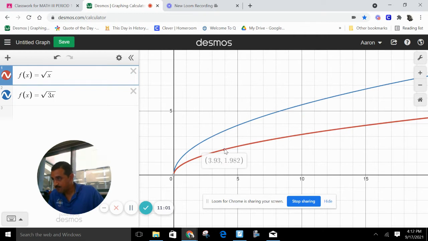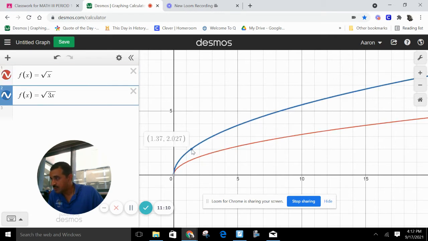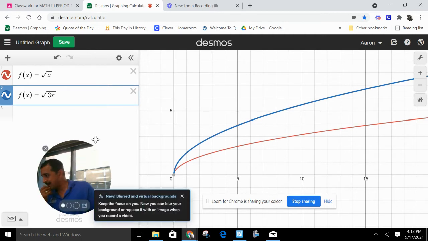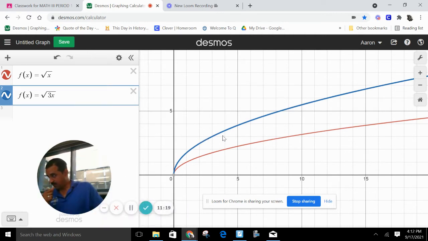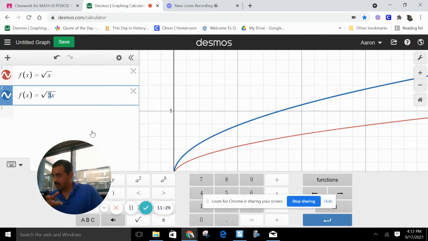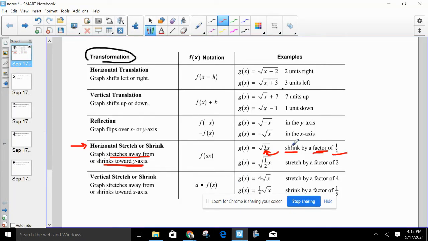So the point 4, 2 on the original, imagine taking the x coordinate and dividing by 3, it becomes 1.3. And look right here at 2, the x coordinate is about 1.3. So it's like smashed. So what we say is this blue graph has been horizontally shrunk by a factor of 1/3. Even though it's a whole number 3, the way we articulate it, it's a shrink by a factor of 1/3.